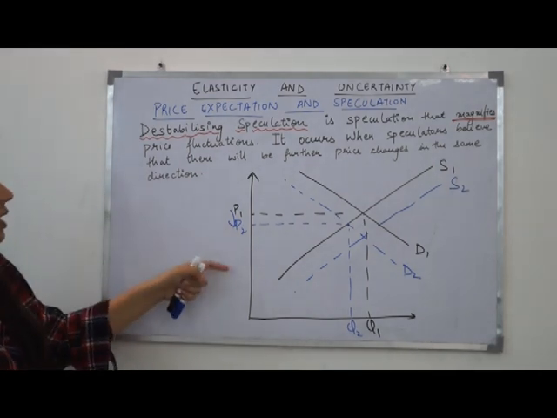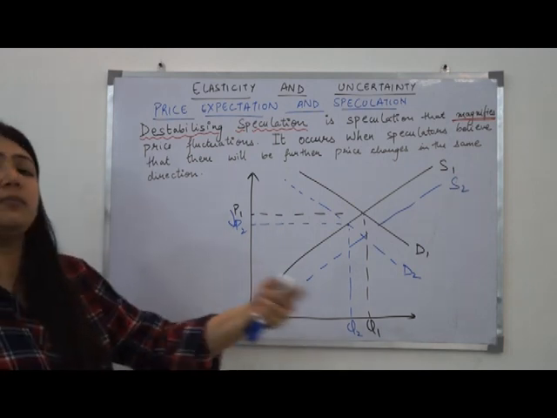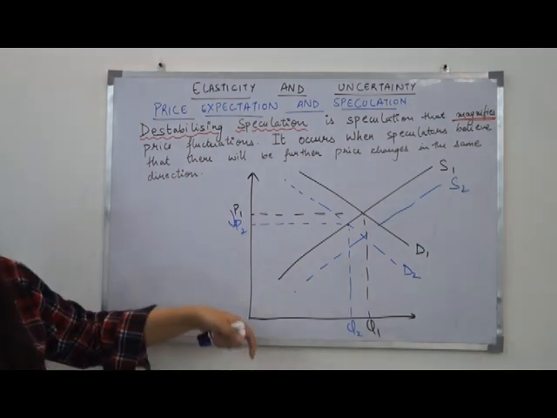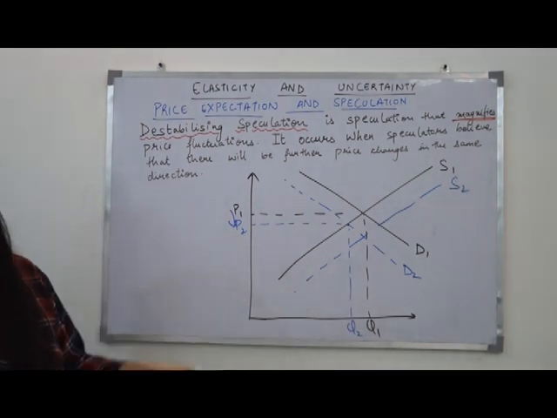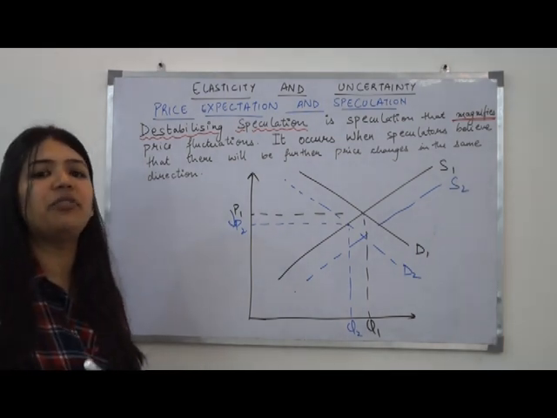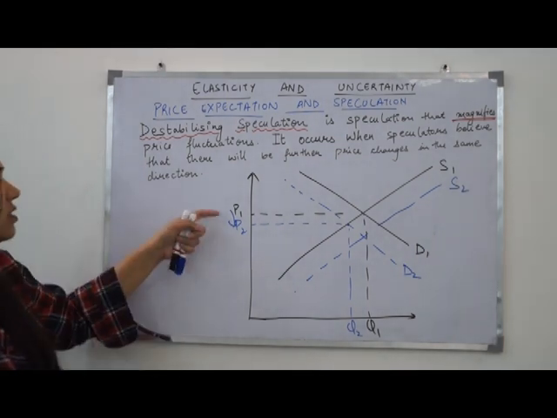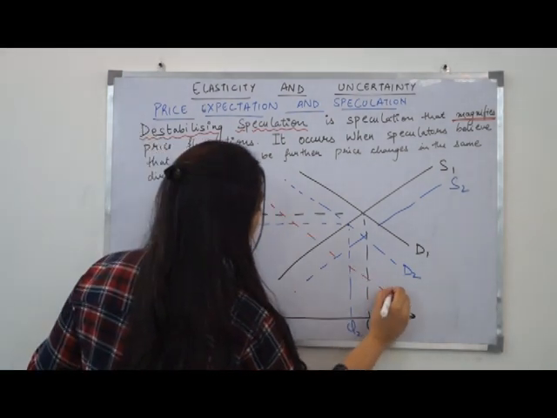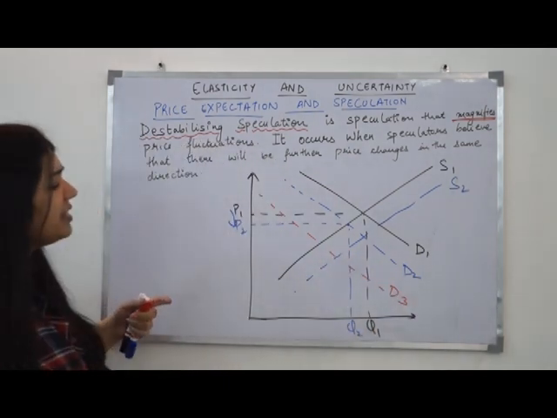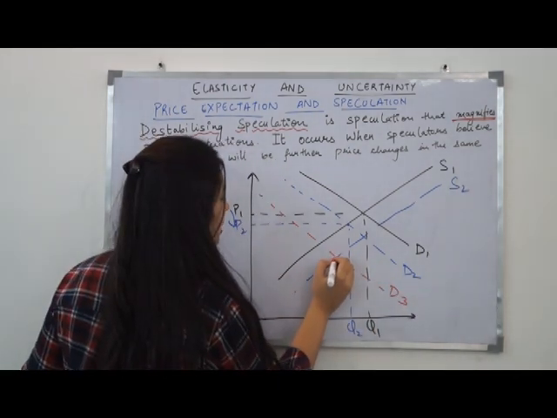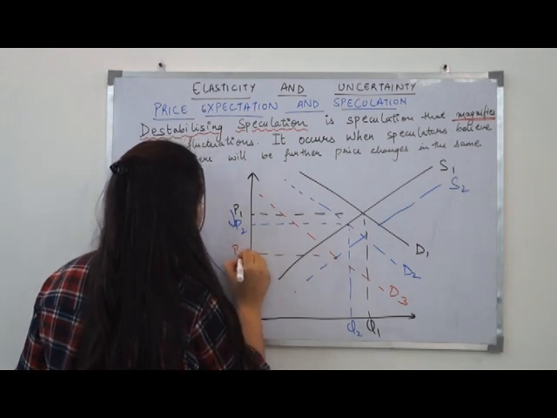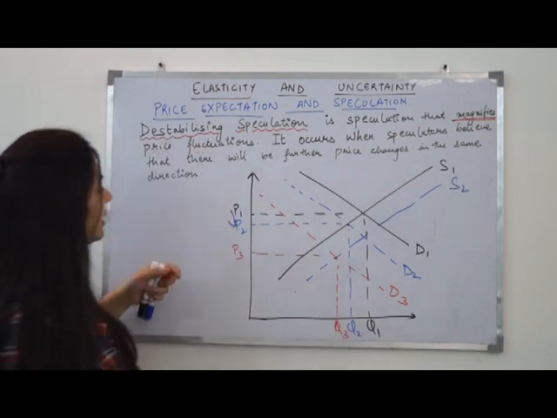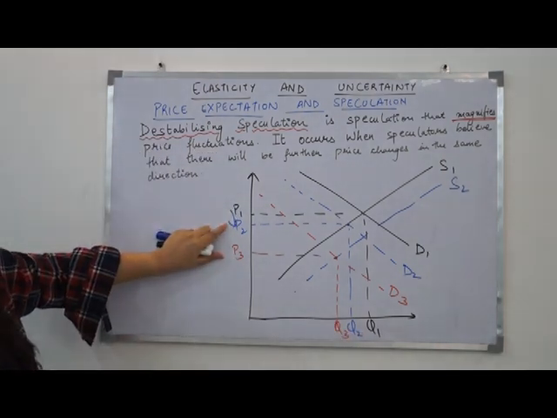Right now they assume the price is higher than what it will be in the future, and that is why the demand curve shifts further leftward, because they are trying to save their consumption for when the price is even lower than it is right now. So again, there will be a leftward shift of the demand curve, which is D3, and the new equilibrium is going to be over here, which is much lower than the original equilibrium, and even lower than what would have been without any speculation.